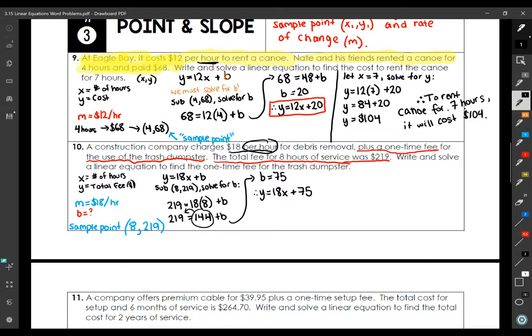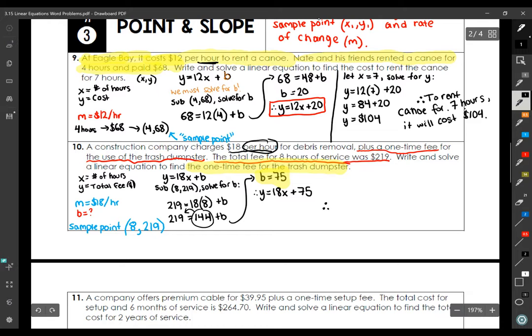Okay, and that's actually all of this question is asking us to do. So it's asking us to find the one-time fee for the trash dumpster. Well, we did that when we solved for b. So we're done this problem.